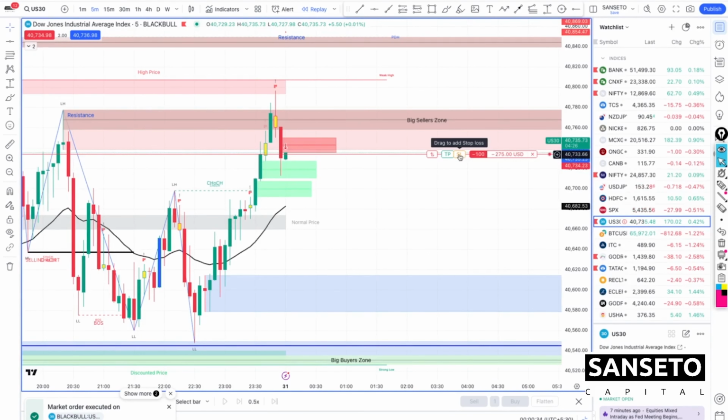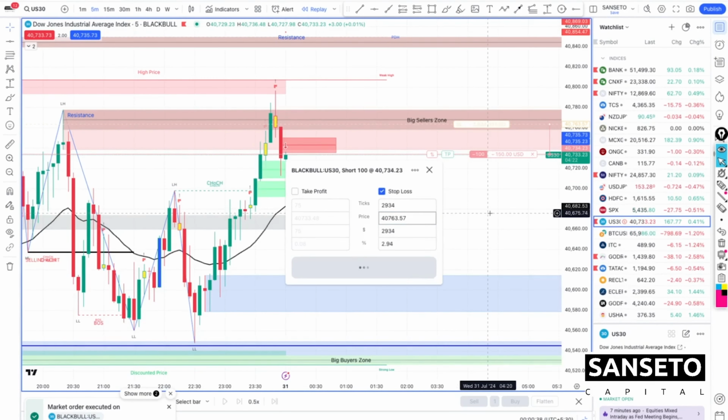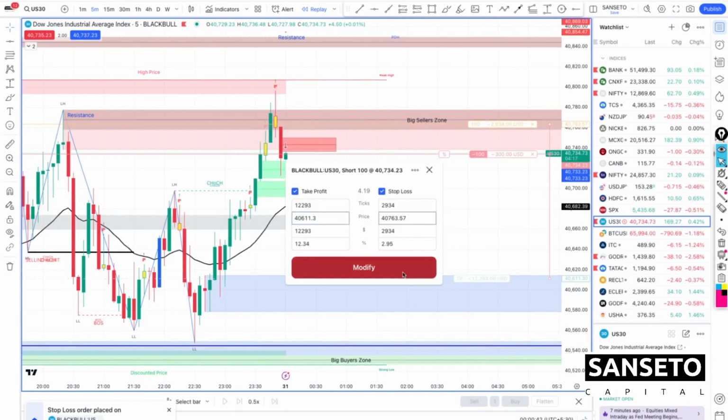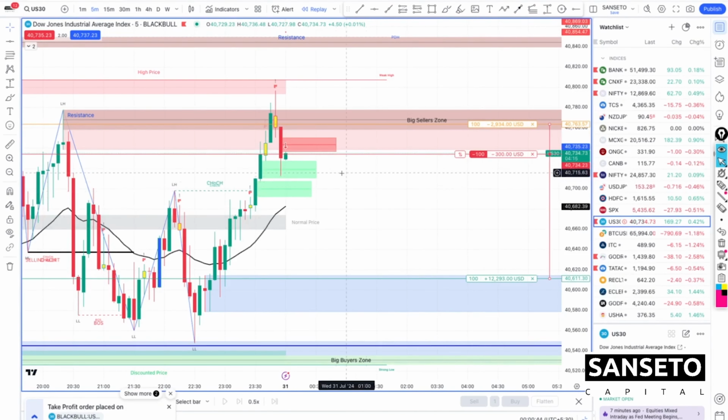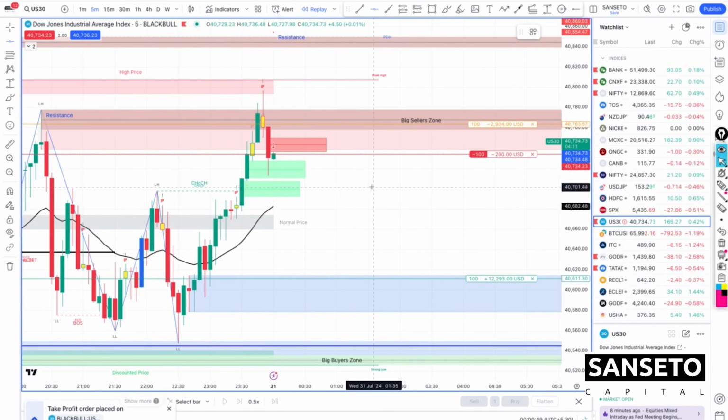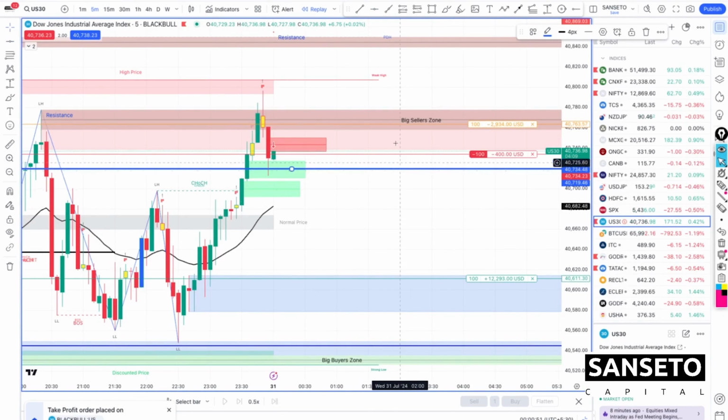My stop loss would be above this candle, and my target would be till this order block. The targets can be at different levels. The first target is the mid of this candle.